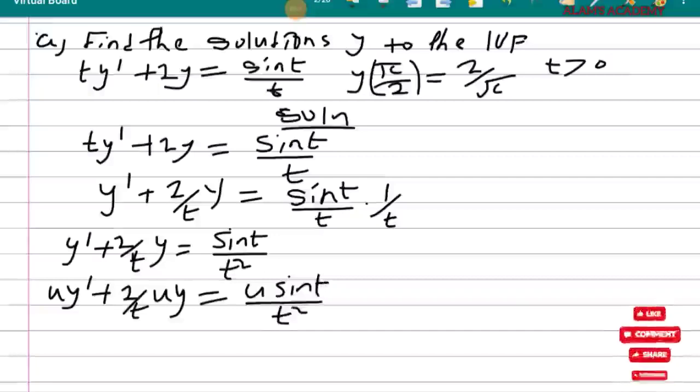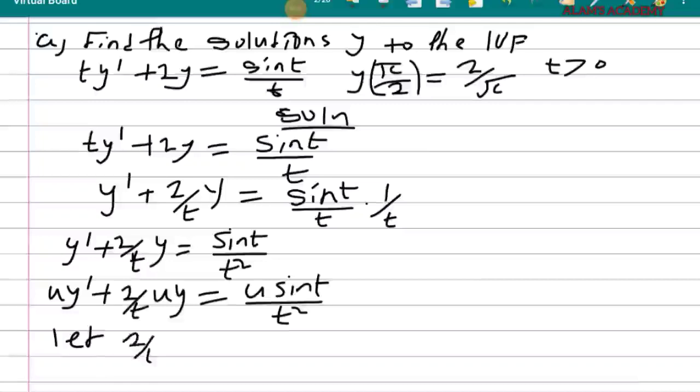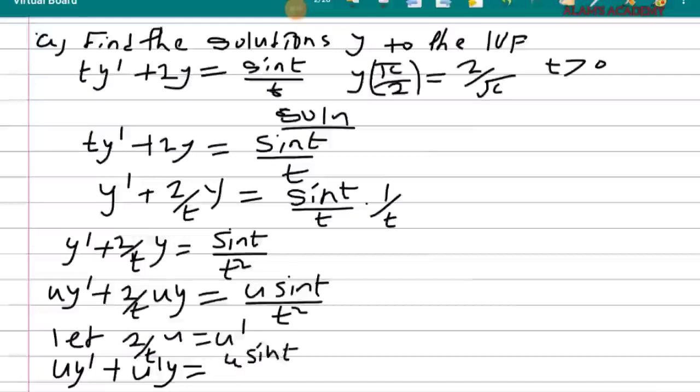Further elaborating, we let the coefficient of y, which is 2 over t times u, to be equal to u prime. So I can substitute inside. So therefore I have u y prime plus u prime y, and this is equal to u sine of t all over t squared.